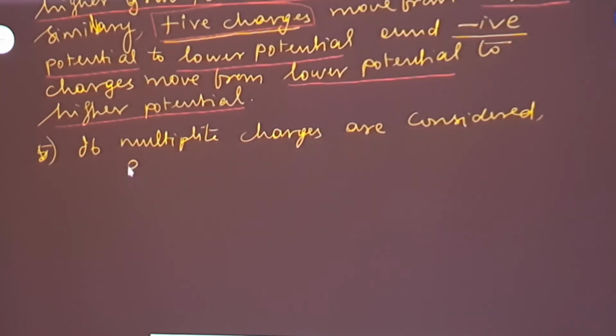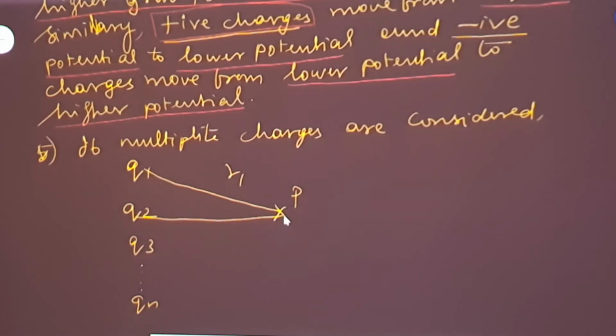Let us take charges Q1, Q2, Q3, etc. up to Qn, and you consider a point P. Q1 and P are separated by distance R1, Q2 and P by distance R2, Q3 and P by distance R3, and Qn and P by distance Rn.